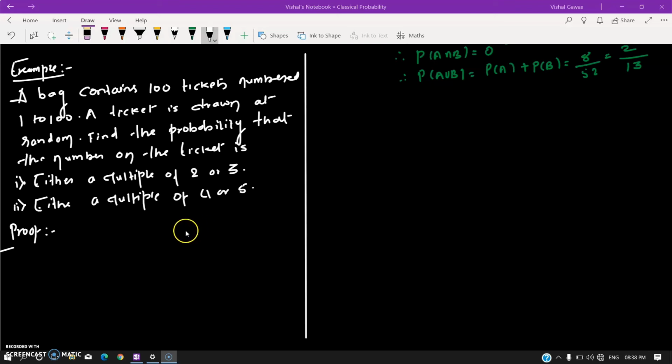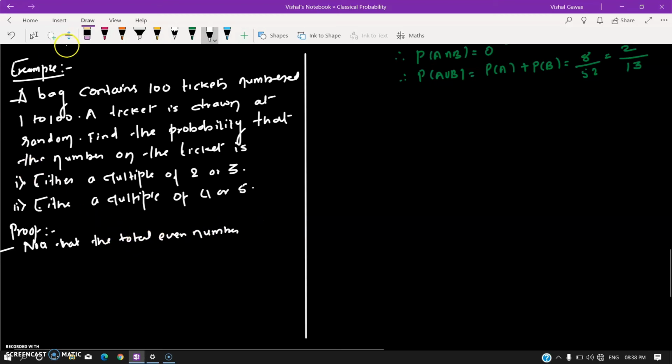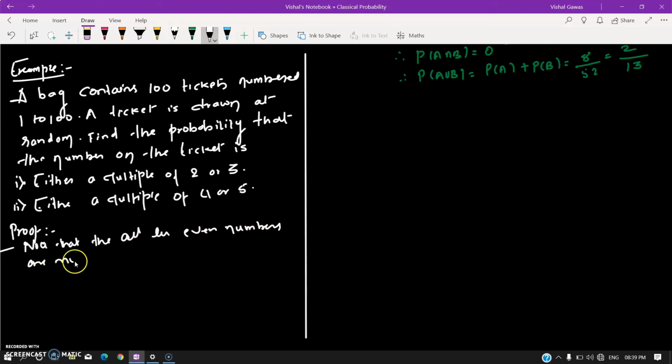Half of the 100 numbers would be even, half of them odd. Therefore, the probability of A would be exactly half of 100, 50 over 100.